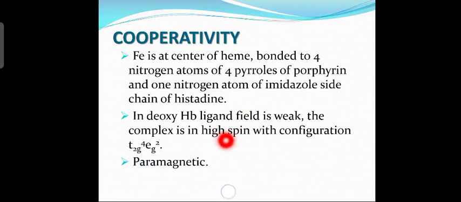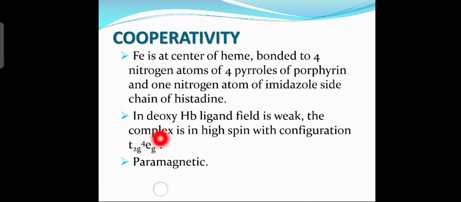The complex has a high spin configuration. Now, what is the configuration of iron in this field? T2g4 and Eg2. You know that in Eg there are 2 orbitals and in T2g 3 orbitals are present. In the coordination chemistry chapter you might have learned that d orbitals split into 2 levels, T2g and Eg.